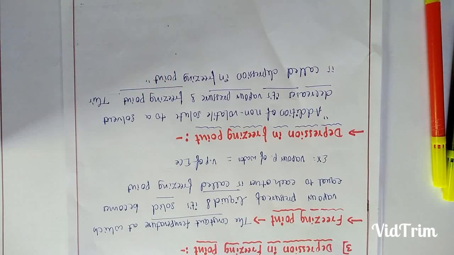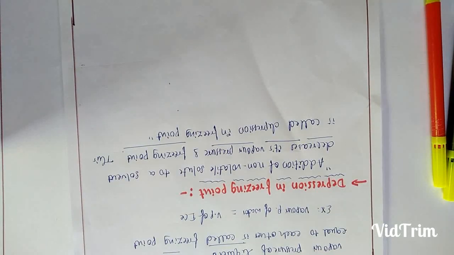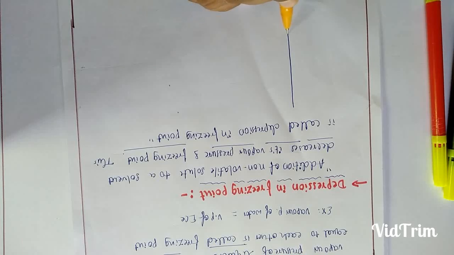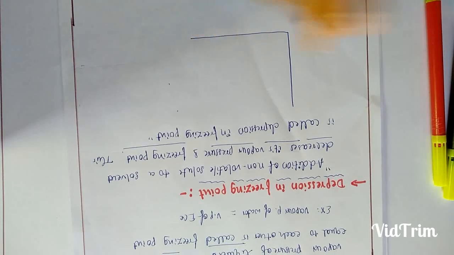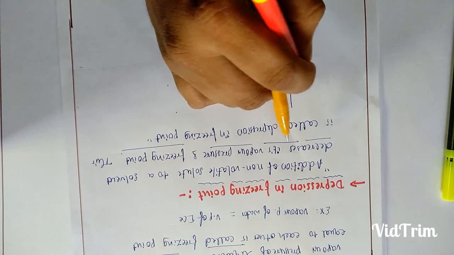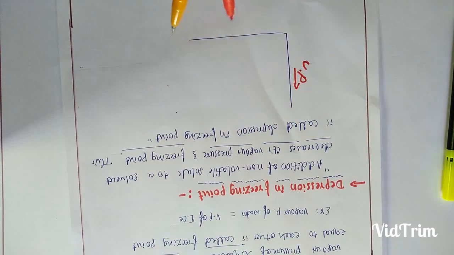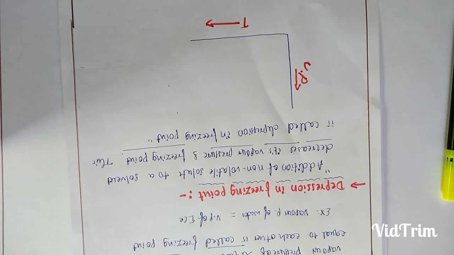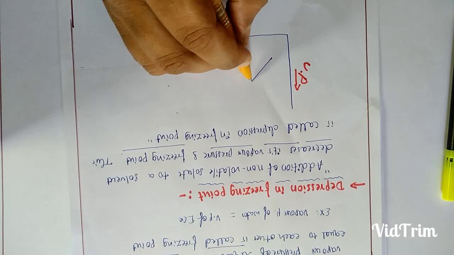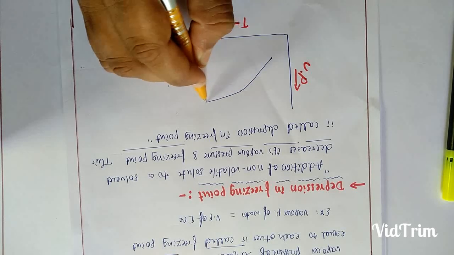And graphically you can represent it like this. This is the x-axis and y-axis. The x-axis means temperature and the y-axis vapor pressure. If you increase the temperature, the vapor pressure of a solvent increases like this.